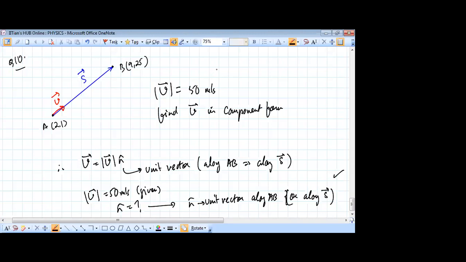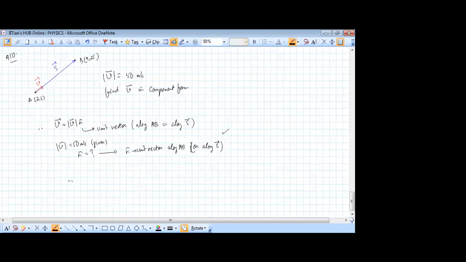So got it now? First of all, see what your displacement vector will be. Your displacement vector is 9 minus 2, that is 7 i cap, plus 25 minus 1, that's 24 j cap.